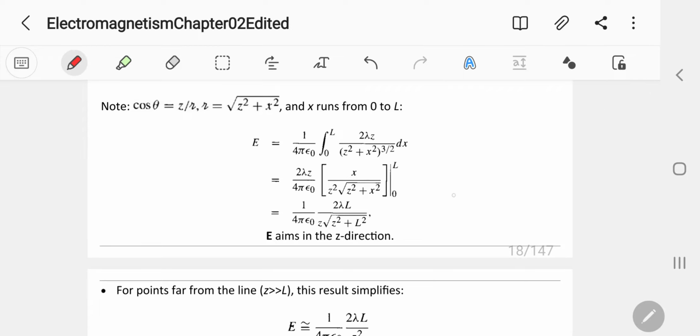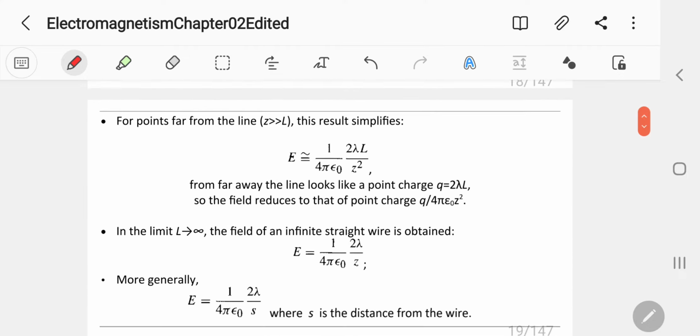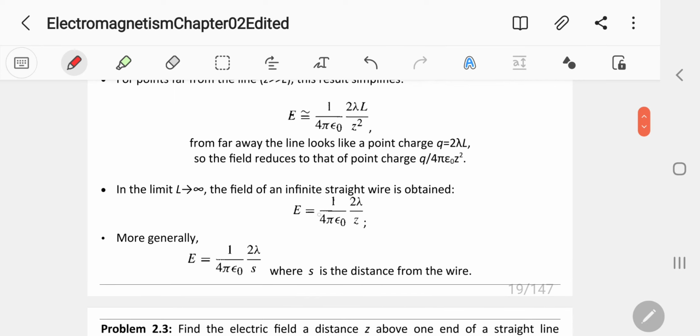If L extends to infinity, your z squared plus L squared would be just equal to L, and this will cancel with the L here, so that your electric field is in this expression here.